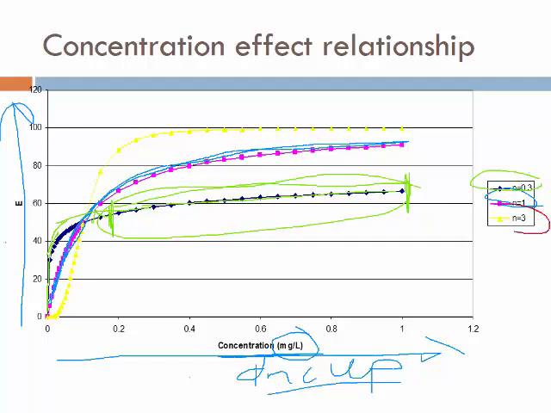Finally, if we have an N of 3, so it's bigger than either, it's the biggest slope factor. What we see here is a very rapid increase in effect as we increase our concentration, and then it flattens out to pretty much nothing. So we go from 0 to almost 100% in a very short amount of time.